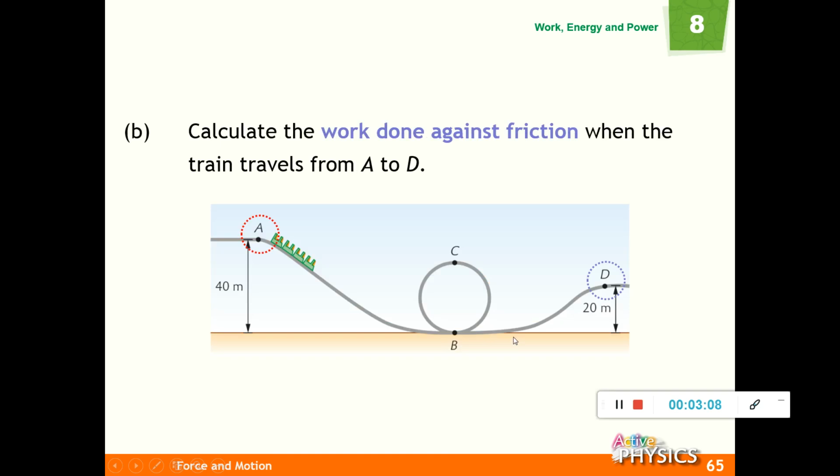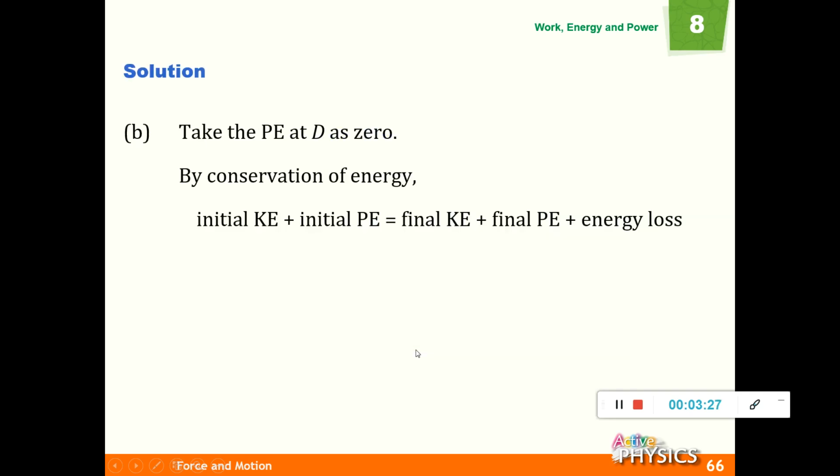Part C. Calculate the work done against friction when the train travels from A to D. At that time, you just focus on the total GPE loss. And then how about the KE? You should consider it. Now look at this. We think that at position D, the lowest position, we let it be 0. By the conservation of energy, total energy, including KE and PE, final energy will include final KE and final PE.